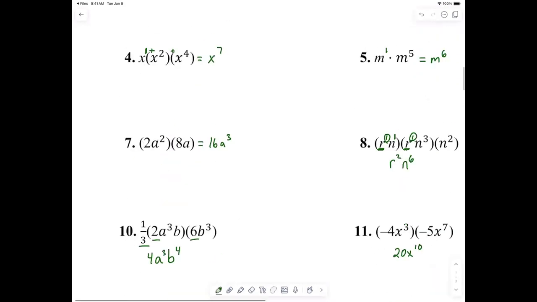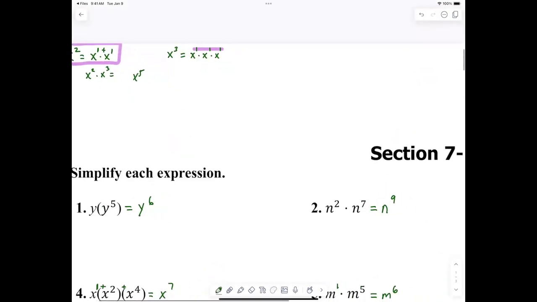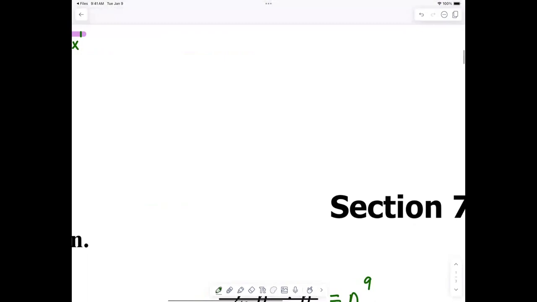So I'd like everybody to look up here on the board. X squared cubed. What does x squared cubed mean? No, it does not mean that. I didn't ask what the answer was.